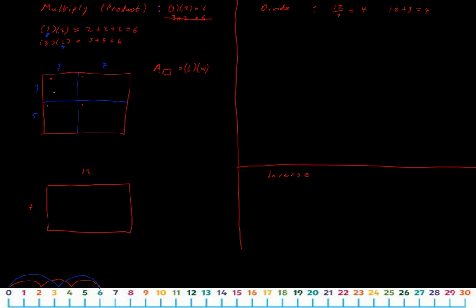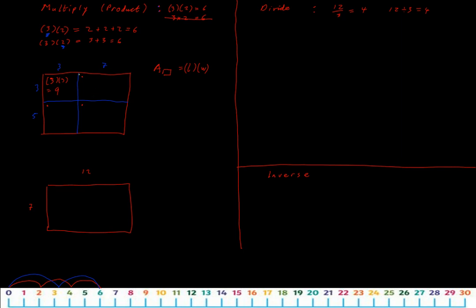So to get the area of each of my smaller fields, I would have the length multiplied by the width. So I'd have 3 multiplied by 3 would give me 9.